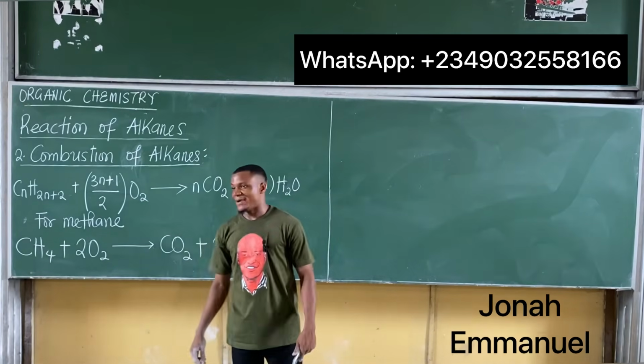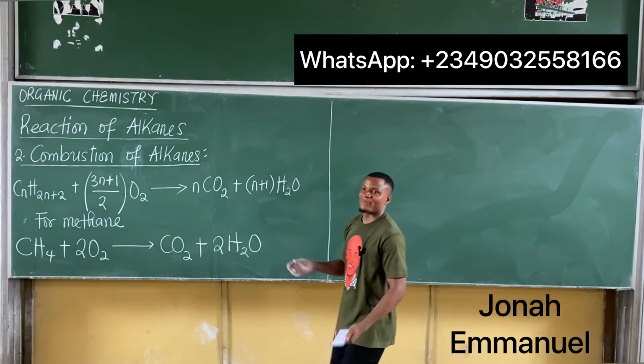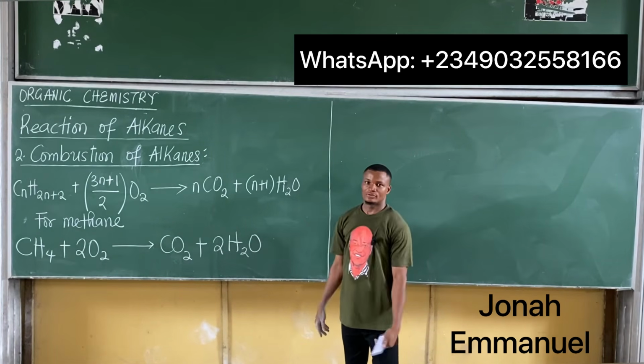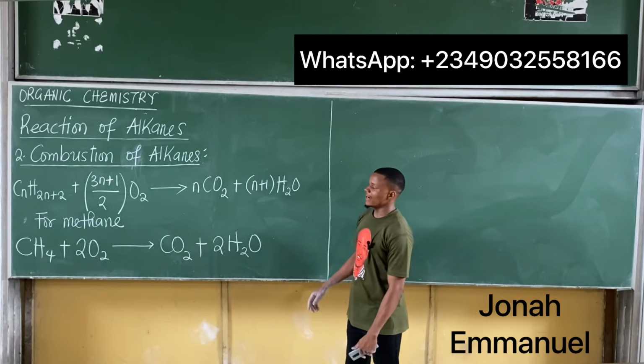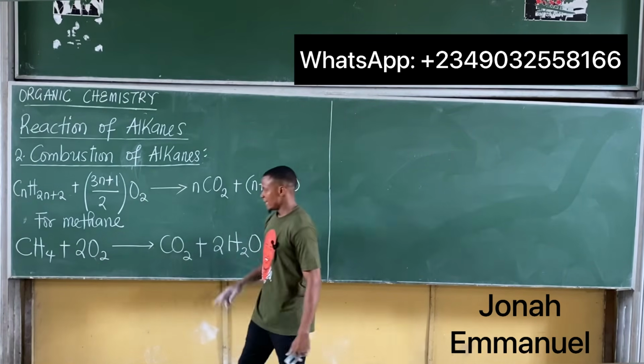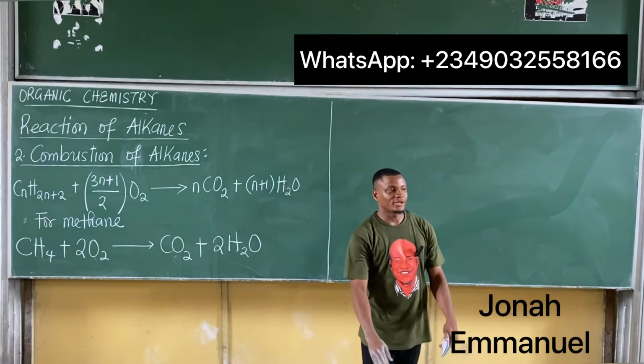If you check, this is a balanced equation. The idea is simple. If you can remember this equation, put n as 1. It will automatically balance on its own. This is called combustion of alkane, methane: methane, oxygen, carbon dioxide, water.